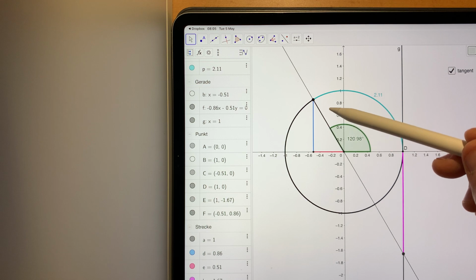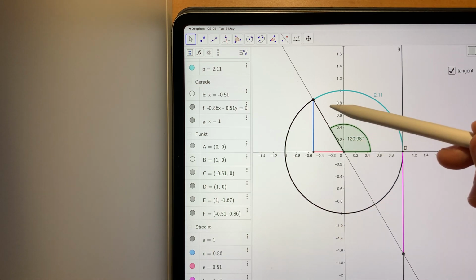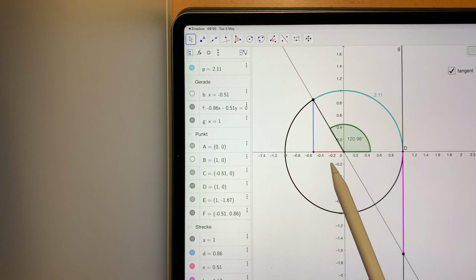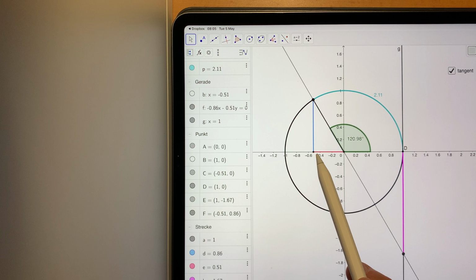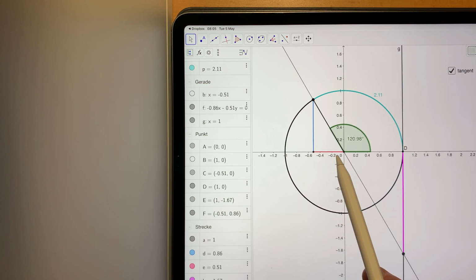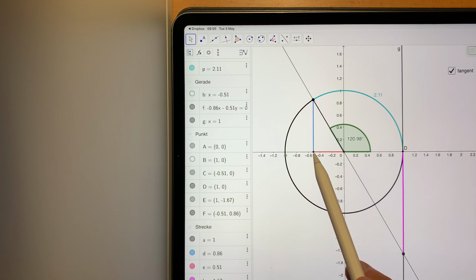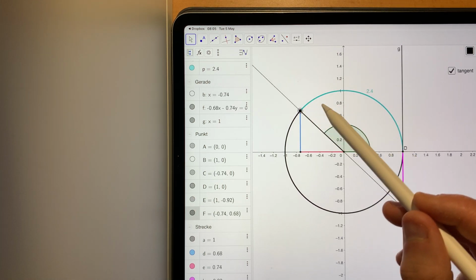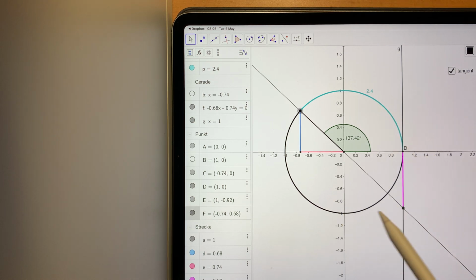And you could find your sine, which is 0.86. So the height of this is 0.86. It's minus 0.051. That's your cosine value. And your tangent is minus 1.67. Okay, so for every angle or for every radian measure, you can find a sine, cosine, and tangent.